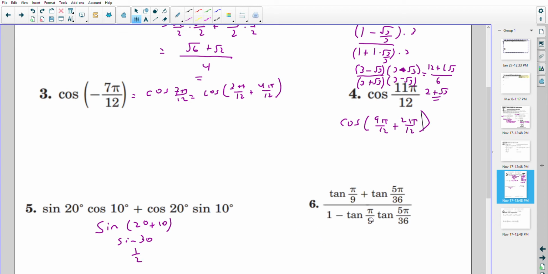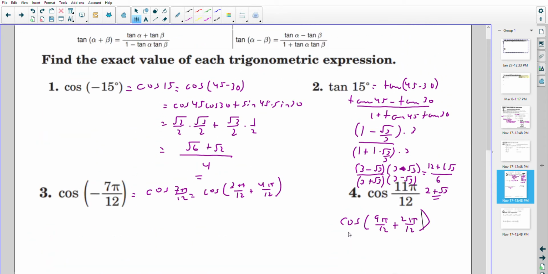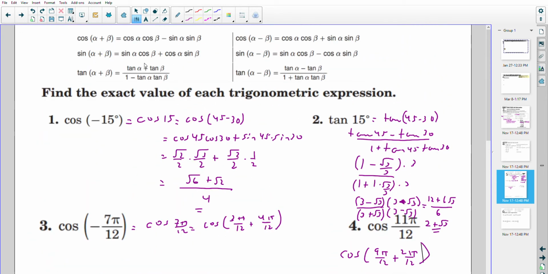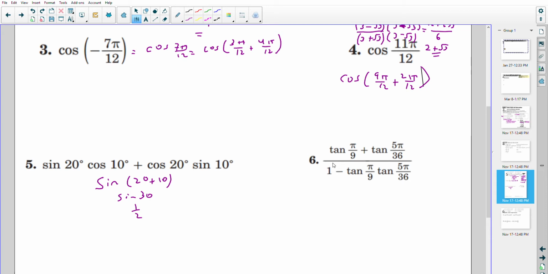Sum of the tangents and minus 1 over the product. And if you look at that pattern, you're looking at this one right here, which is the sum of tangents. So if I were to go here, looking at the sum of tangents, therefore it's the tangent of pi over 9 plus 5 pi over 36.